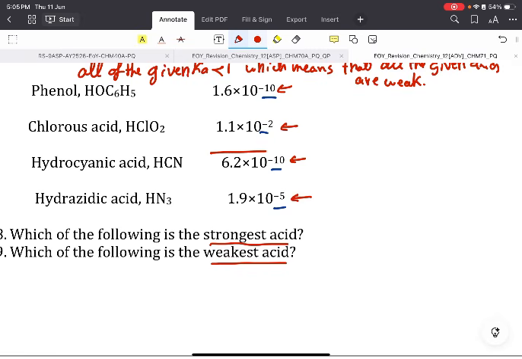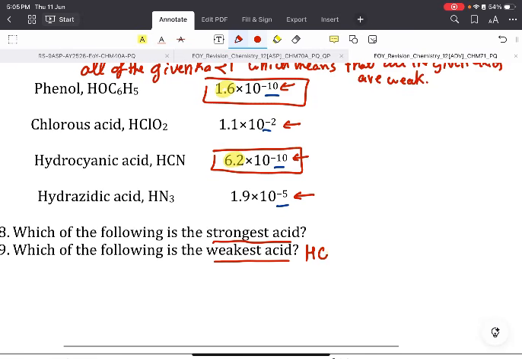So for the weakest among the list, I'm going to take this one and this one. These two acids have Ka times 10 to the power negative 10. So I'm going to compare the numbers. 1.6 is less than 6.2, which means the weakest acid is HOC6H5. So that is the weakest. Now, which one comes next?